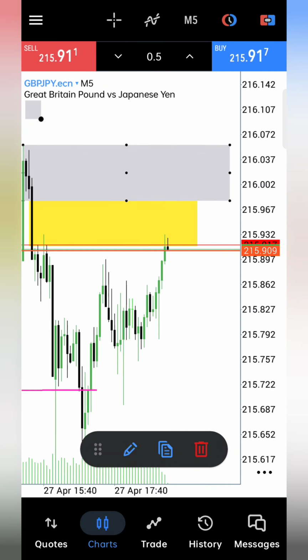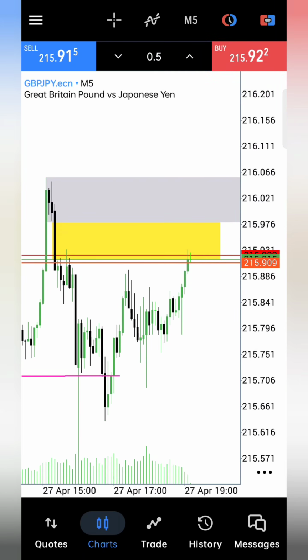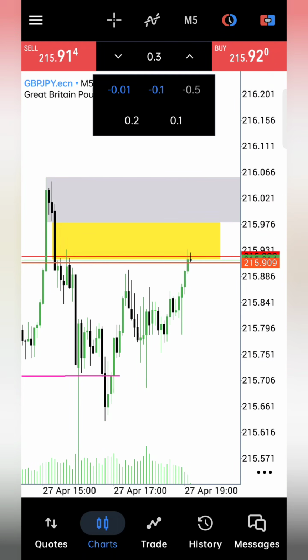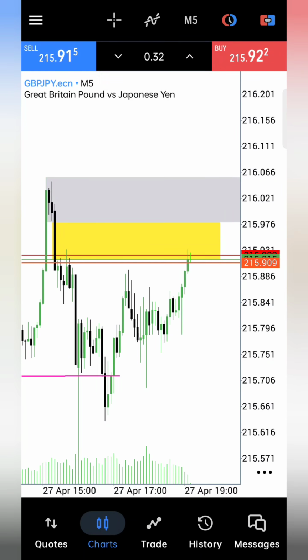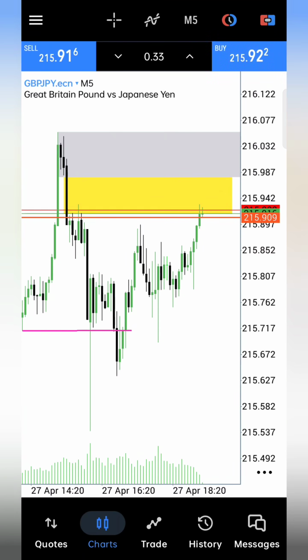Guys, as you can see, the price has already entered our imbalance area and has retraced back into the order block zone. So from this point, I'll start placing my pending sell orders right from this zone.